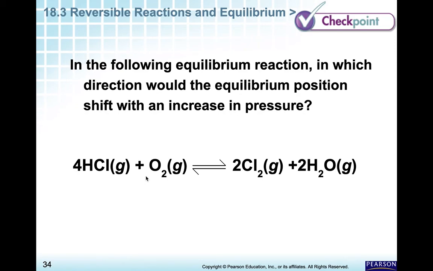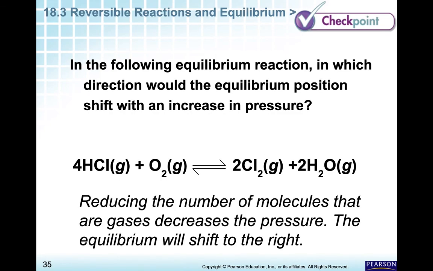So we've got 4 plus 1, 5 moles of gas in our reactants, 2 plus 2, 4 moles of gas in our products. If we increase pressure, our system will want to undo that, so it will shift to the side of the reaction with lower pressure, which means the side with fewer moles of gas, which happens to be our product side. Our equilibrium shifts to the right.